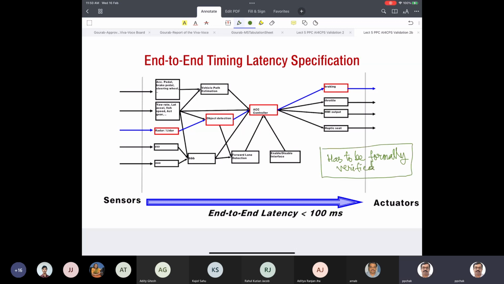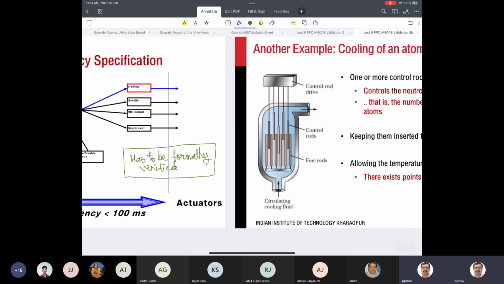So you use these timed temporal logics and timed algorithms to verify them. I'm just giving you information because we don't have the bandwidth to discuss all of this in this one class. If we get more time later on, I can take a special class to explain that.